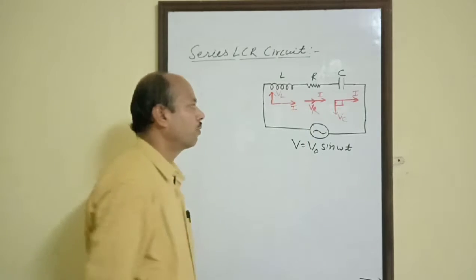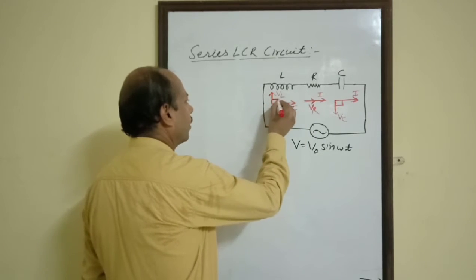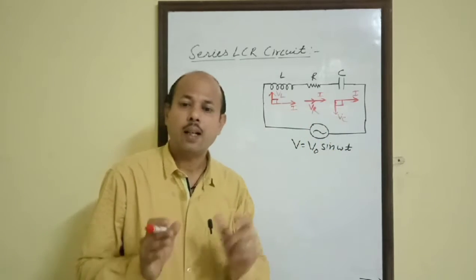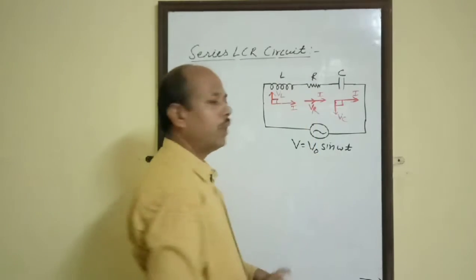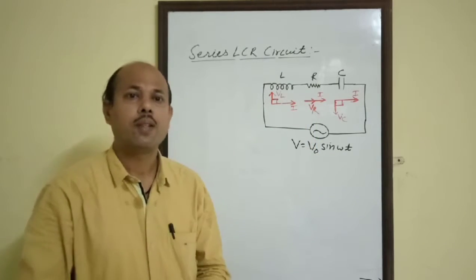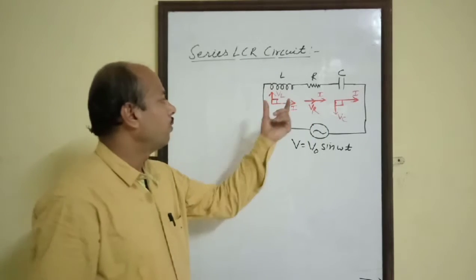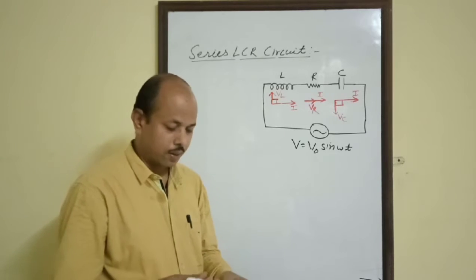So these are the phasors of L, R and C separately, but in this topic we have to draw a combined phasor diagram for this series LCR circuit, and finally we will find the impedance and current of the circuit.